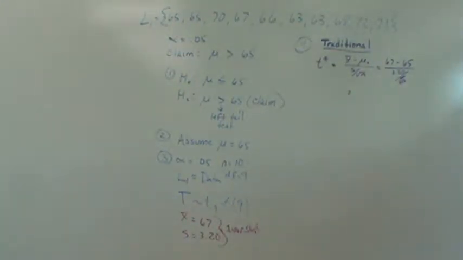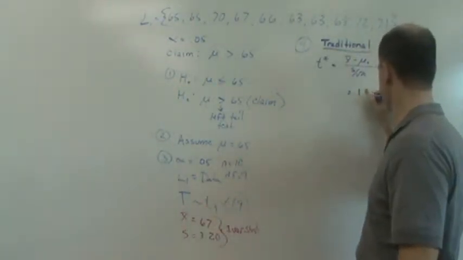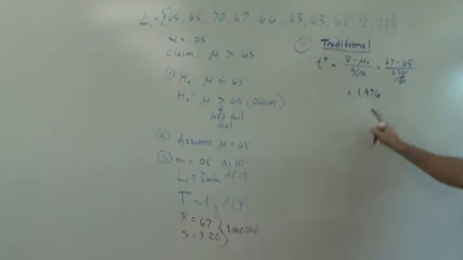Well, let's find out. To three decimal places since it's t, I get 1.976. So 1.976 is my t star, my test statistic.